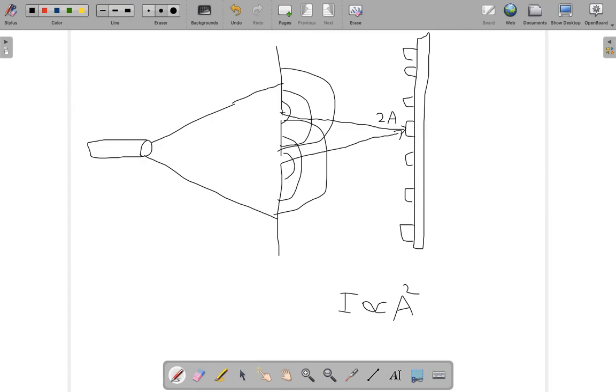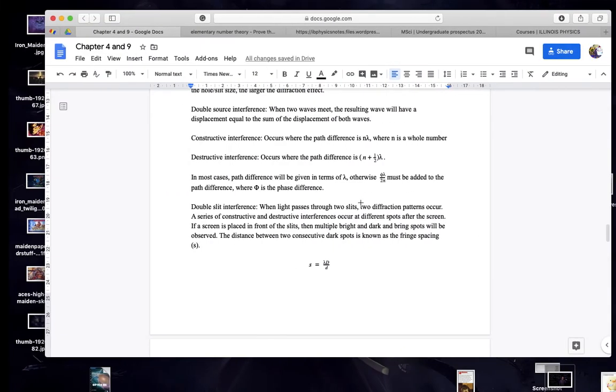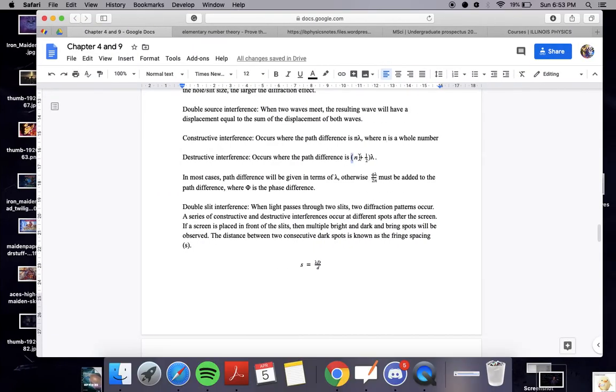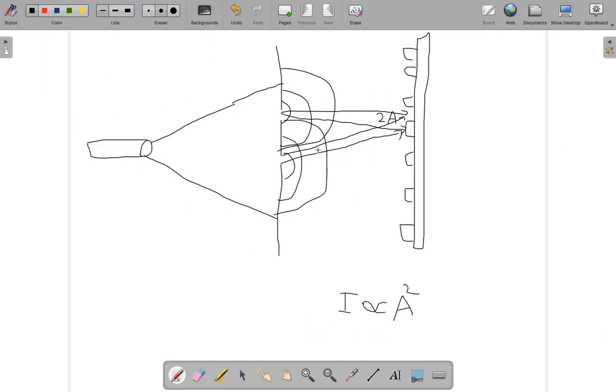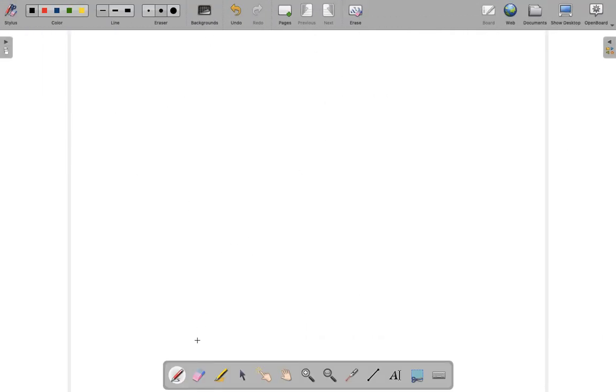And then over here, at this dull spot, we have something called destructive interference occurring. Over here, we have a path difference of n plus 1 over 2 lambda, which results in the wave cancelling itself out. So now to show you visually what happens.